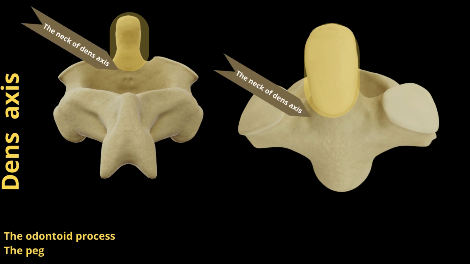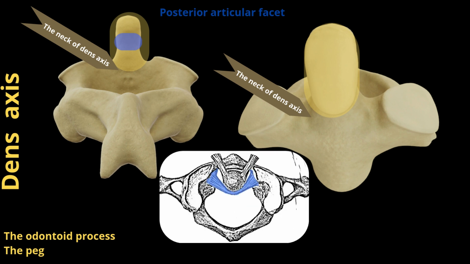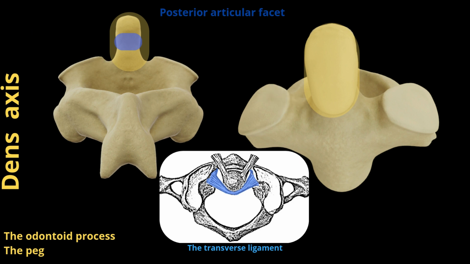The posterior surface of the dens axis is smooth and contains a posterior articular facet traversed by the transverse ligament of the atlas, which keeps the dens axis secured in position. The anterior surface of the dens axis contains an oval anterior articular facet.